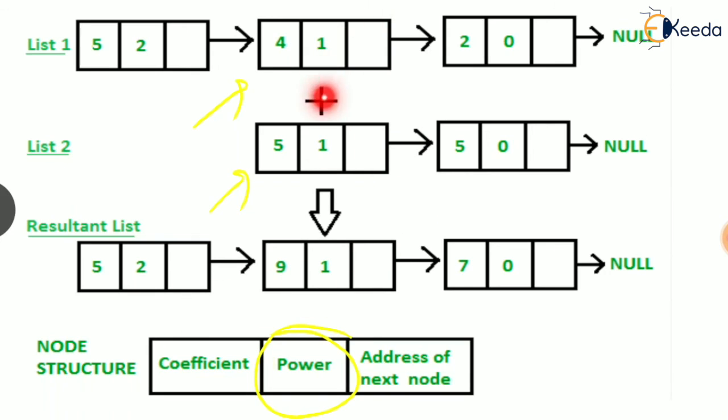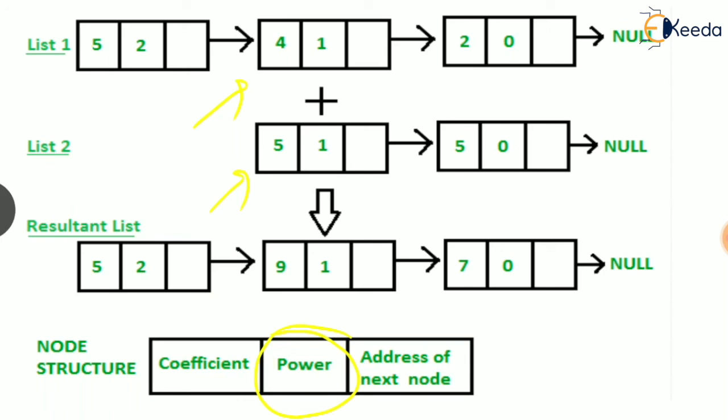And if the powers are equal, then add the coefficients and generate the resultant list. So this is a very simple type of addition of two polynomials using linked list.